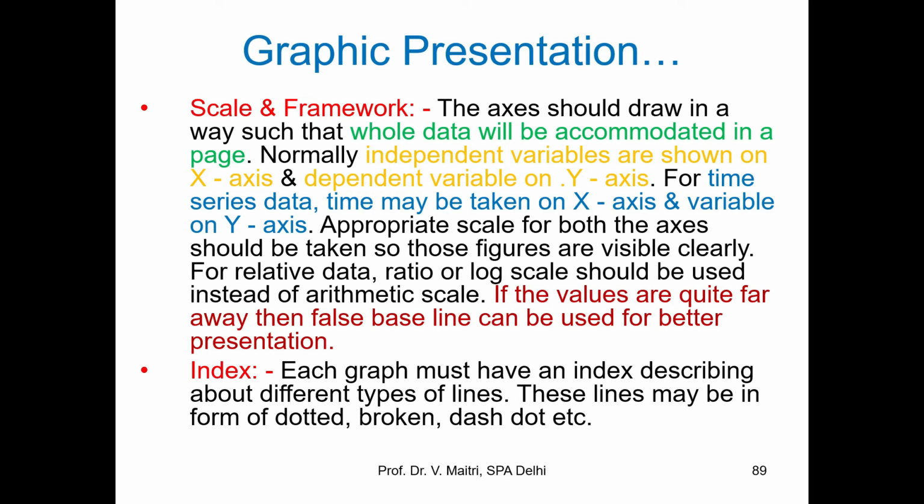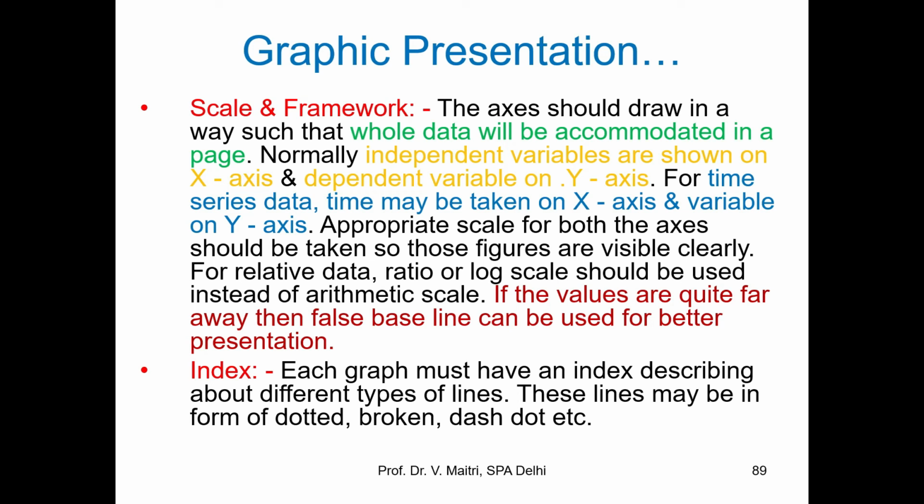And for relative data, we use a ratio scale or log scale instead of the arithmetic scale. Now time is not permitting. Ratio scale and log scale are highly useful, but I am a little scared whether you people have used them or not.